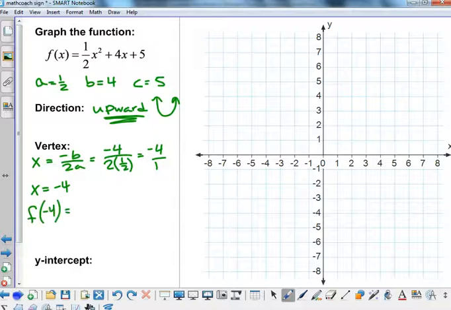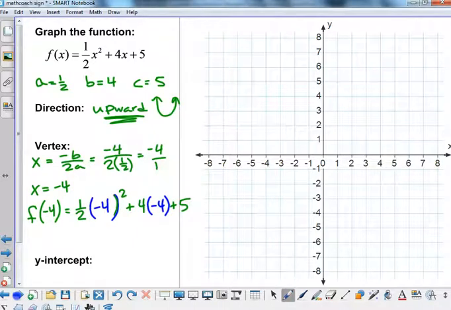So real quickly, we're going to plug -4 in, so we have f of -4 is going to be equal to 1/2 times -4 squared, plus 4 times -4 plus 5.